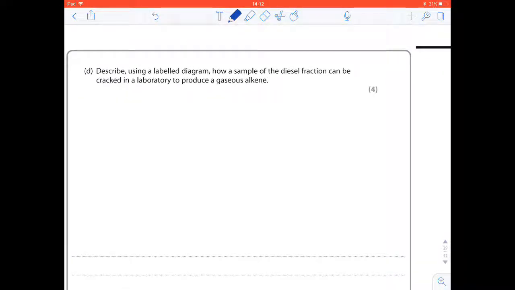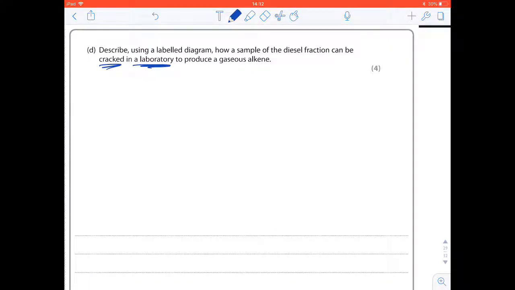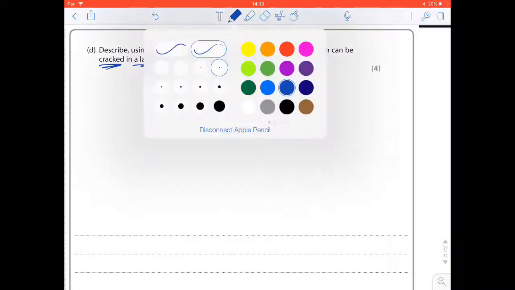Then cracking, this was quite frequently confused with fractional distillation, but the key things to help you spot it are that it's cracking and that it's in a lab. So it's not the industrial diagram that quite a lot of people drew, but instead you need to go for the diagram that you will have had probably at some point when you did the experiment in school.